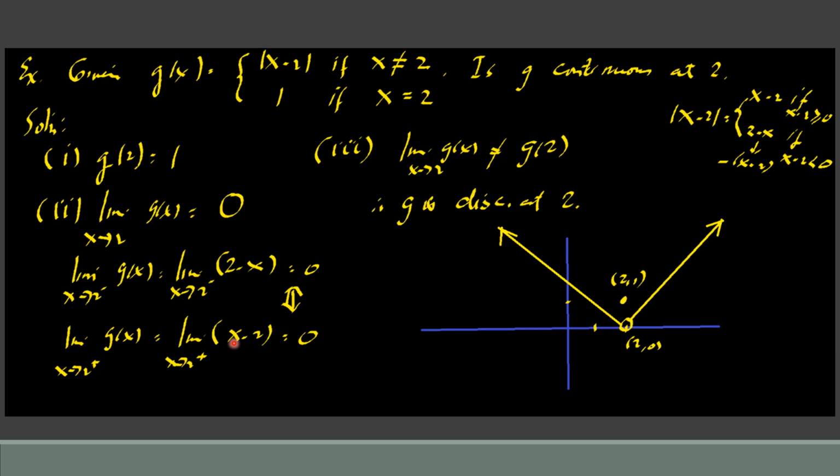So we evaluate the limit of x minus 2 as x approaches 2 from the right, equal to 0. And as you can see, both one-sided limits are equal. Hence, we say that the limit of g of x as x approaches 2 is equal to the common one-sided limit 0. But observe also that the function value g of 2 and the limit are not equal.